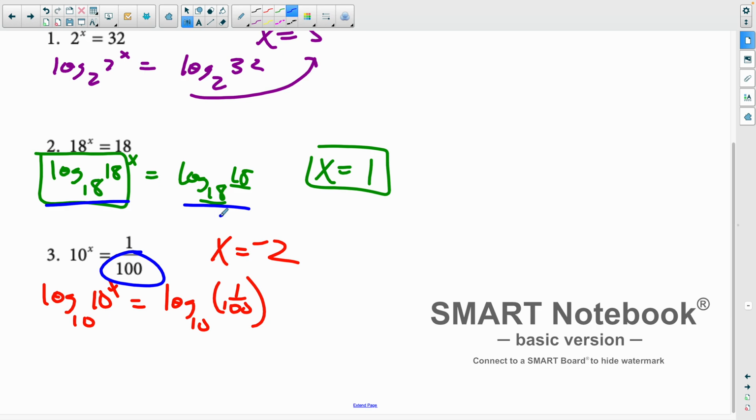Just make sure that you're showing your work too. Oh, it says error. It's an imaginary one. No solution.